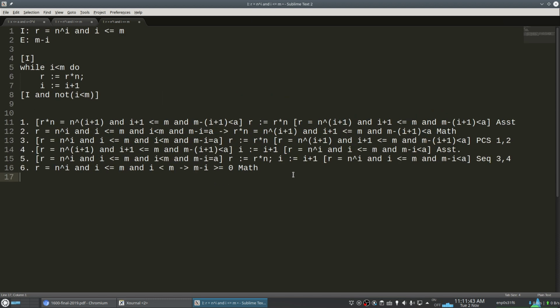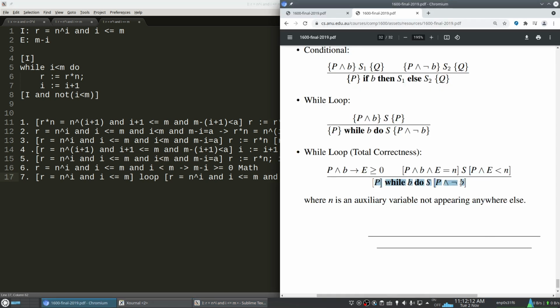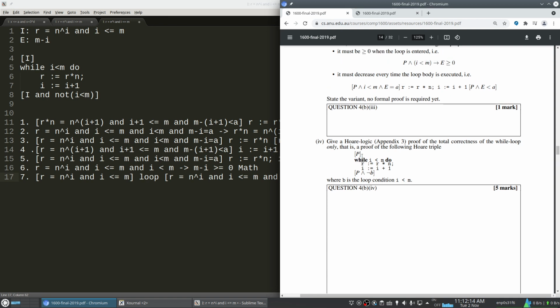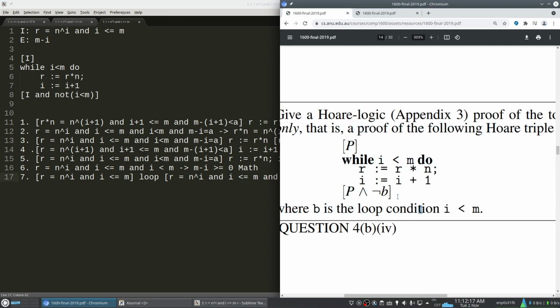So we're going to get the invariant I, while b do s, I'm just going to write loop for all of this stuff, invariant and not b. And that's my b here. So, that just matches using the while rule, which is precisely the statement we were looking to prove.